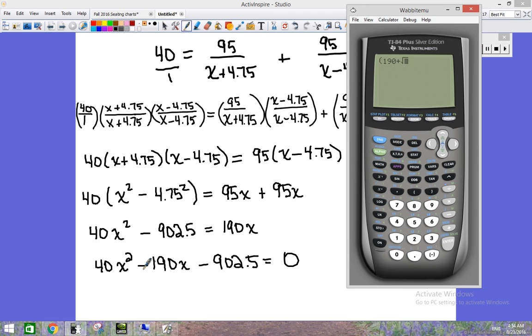When we square, this is b squared. When we square this number, it's going to be a positive value, but I'll go ahead and plug it in as a negative. But we know that we could get away with just plugging in the calculator a positive 190 squared, but just to illustrate a direct substitution. Now, it's minus b squared minus 4ac, where a is 40, and my c is this negative, and don't lose that negative sign.